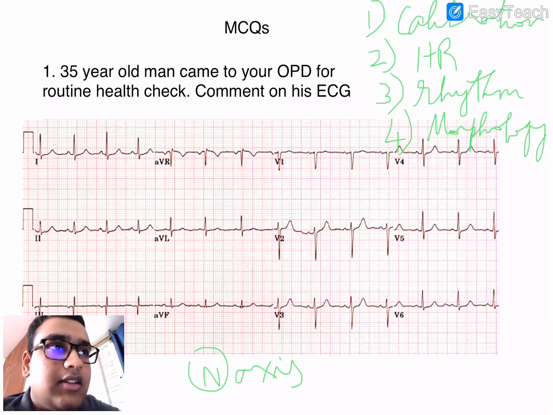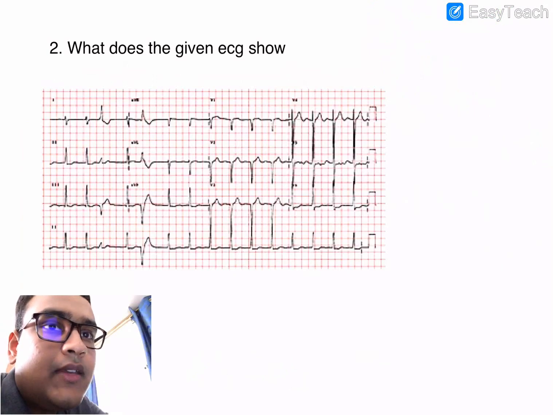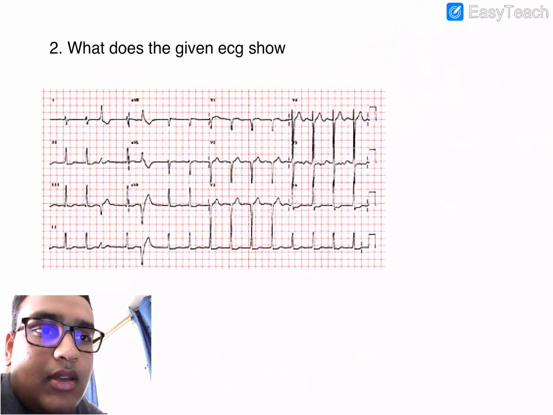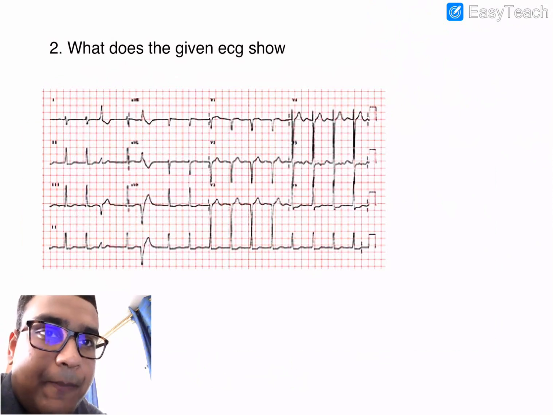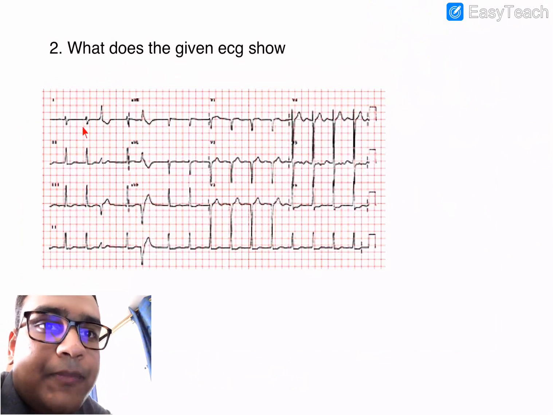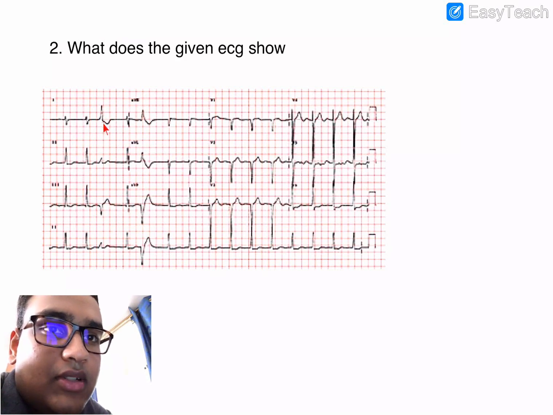We'll look at the next question. What does the given ECG show? Your options are: 1, left axis deviation; 2, right axis deviation; 3, intermediate axis deviation; 4, extreme axis deviation. Let's look at this ECG very closely. Lead 1, lead 2 and AVF. This beat is something known as an ectopic, so you should not consider it.